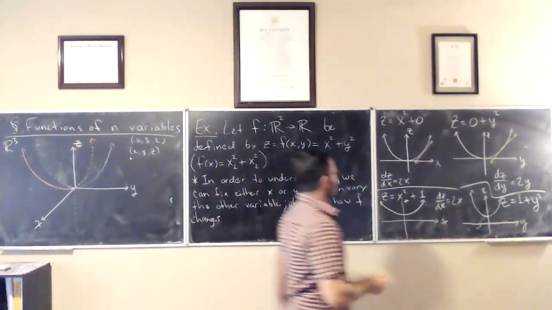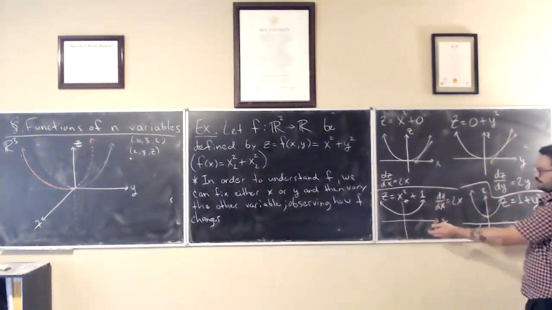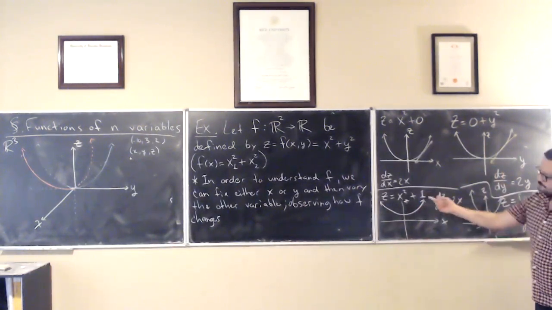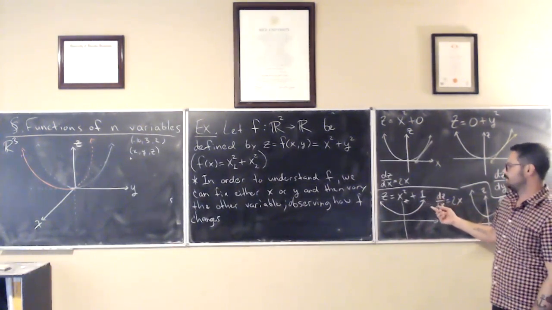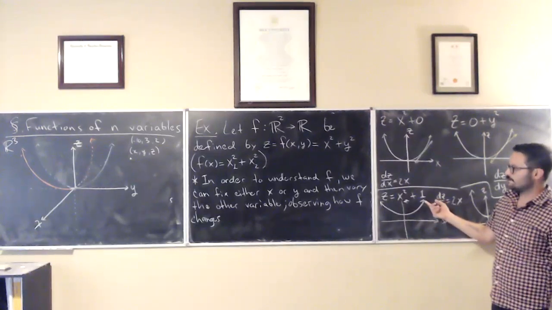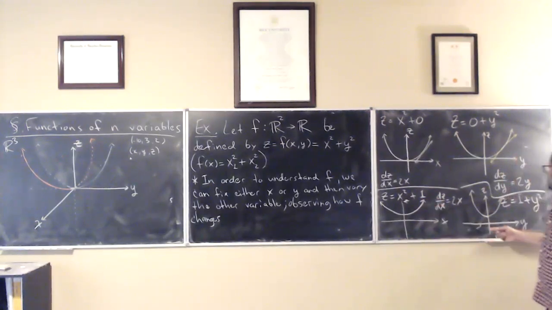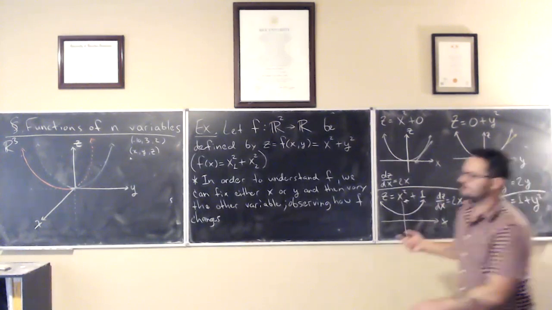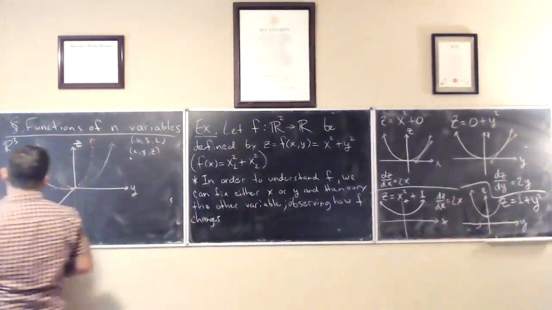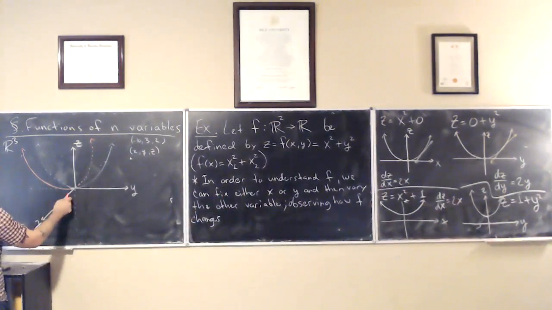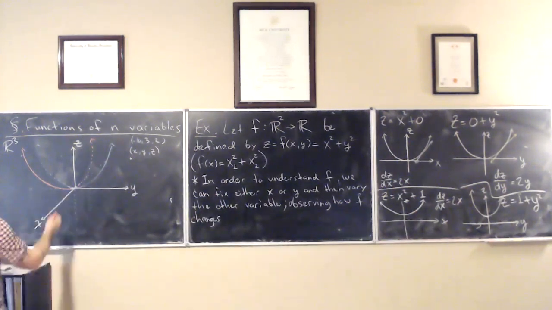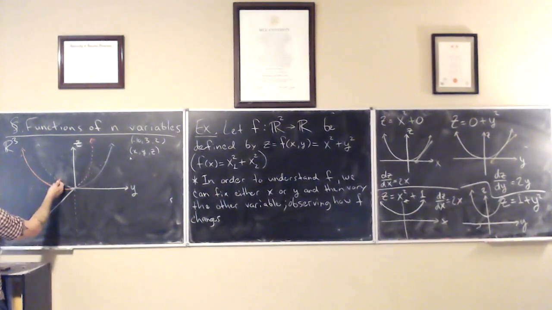Okay. And then the same thing applies for everywhere else, right? Like when we make y is equal to 1, right, and we vary x, or we make x equal to 1 and we vary y. So we make x equal to 1 here and we vary y, we have the parabola raised up by 1. So it's like up here now.